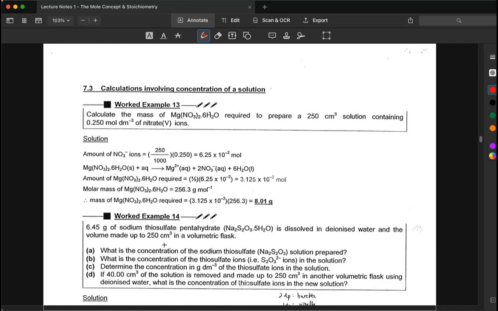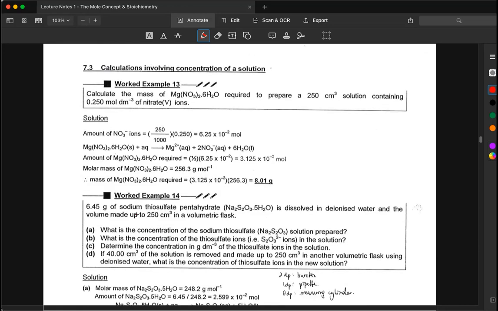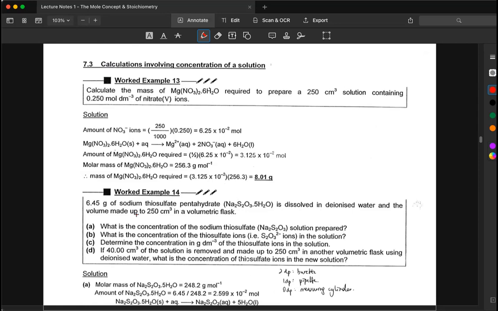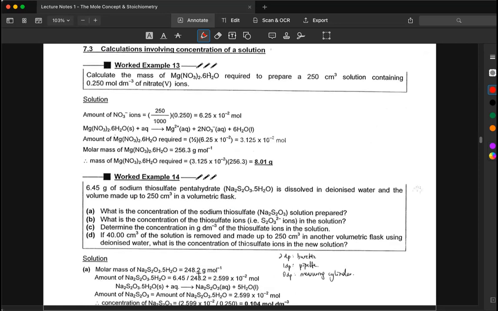So for this question, first of all, you will work out based on the given mass. The molar mass was calculated to be 248.2 grams per mole. And then you calculate the number of moles. So you take the mass, divide by the molar mass to obtain the number of moles of the sodium thiosulfate pentahydrate.